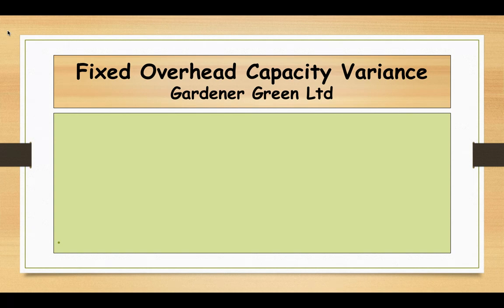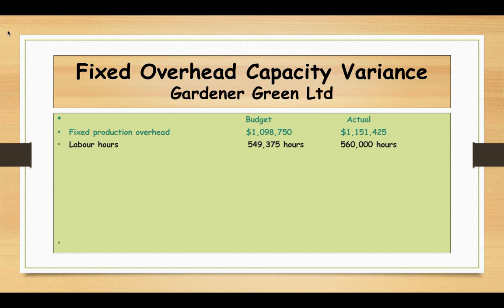We have seen fixed overhead volume variance is subdivided into fixed overhead capacity variance and fixed overhead efficiency variance. So we are going to calculate the fixed overhead capacity variance for Gardner Green Limited. So we'll see the question. Fixed production overhead is given, budgeted and actual, and the budgeted labor hours and the actual labor hours are also given.